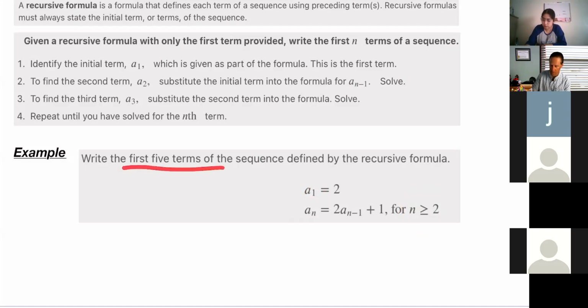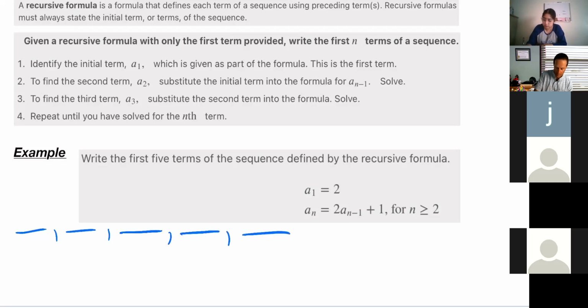So if they ask you to write the first 5 terms, just like we started at the very beginning of today, I'm going to draw my 5 blanks that represent a1, a2, a3, a4, and a5. And what do we already know? My first term is 2.